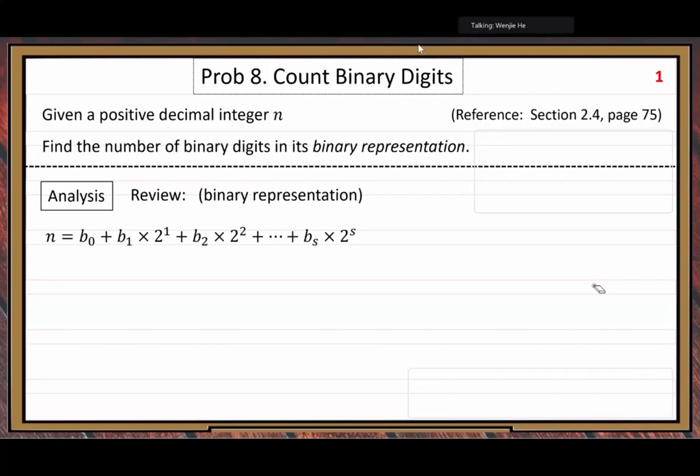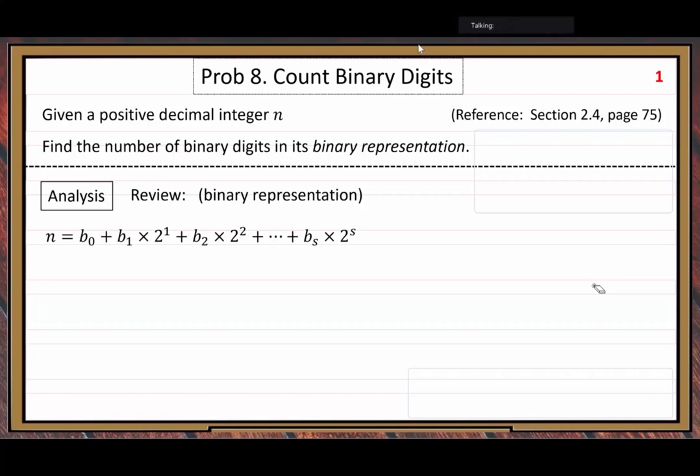So b0 corresponds to the 2 to the 0 position, b1 corresponds to the 2 to the first position, and so on. That's the standard structure of the binary representation.